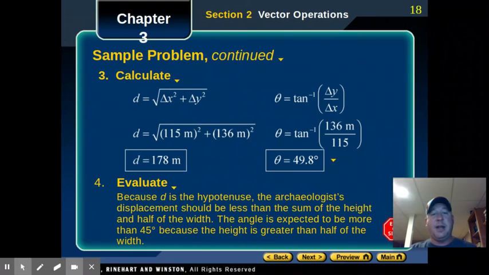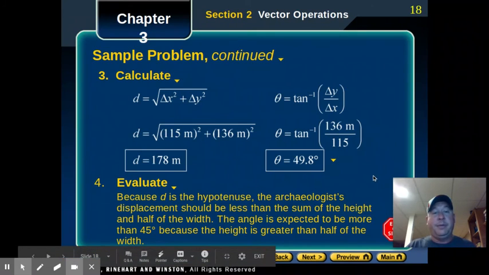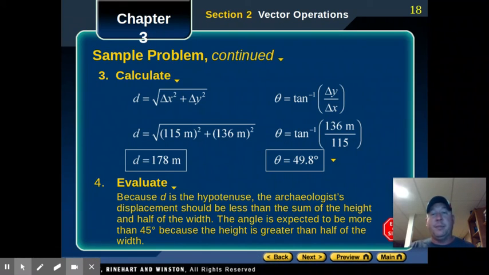It says because d is the hypotenuse, the archaeologist's displacement should be less than the sum of the height and half of the width. Okay, so just saying if we were to sum this up, the hypotenuse or our overall displacement, our resultant vector should be less than the height and the half the width. Okay, and the angle is expected to be 45 degrees or more than, because the height is greater than half the width.